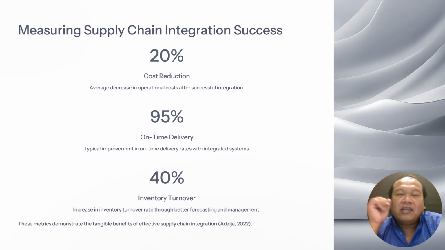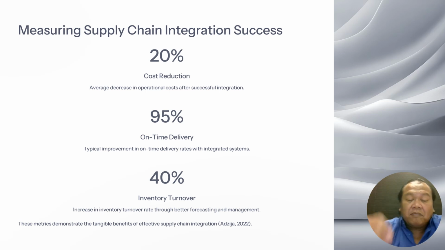I'm not saying 100% because there's no such thing as perfect delivery, but if you can deliver on time at least 95%, then that is good. And then lastly is 40% inventory turnover. That means an increase in inventory turnover rate, better forecasting and management.